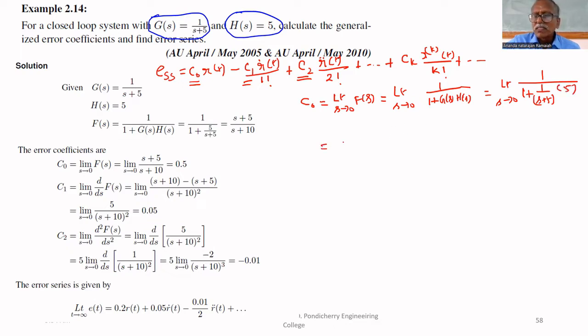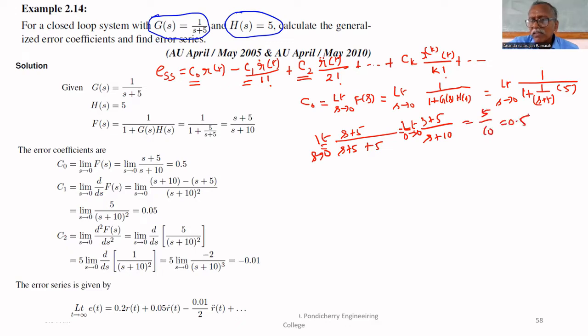Therefore, we get s plus 5 divided by s plus 5 plus 5, that is s plus 5 divided by s plus 10. Limit s tends to 0 gives 5 by 10 equal to 0.5. C0 equals 0.5.